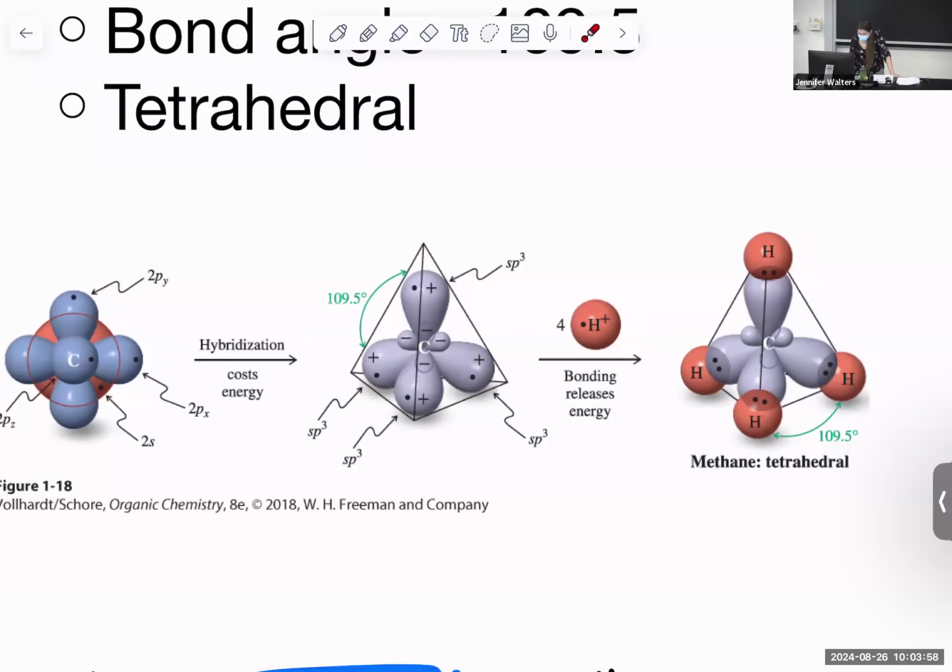When you go to show the bond, you then are just drawing in the hydrogen on top of it, and then these are your sigma orbitals that would be on top of them. That results from the overlap of that hybridized atomic orbital and the unhybridized atomic orbital of the hydrogen.